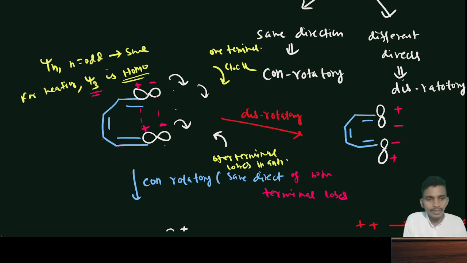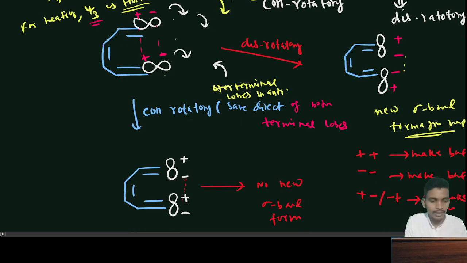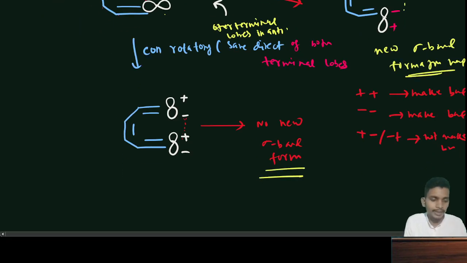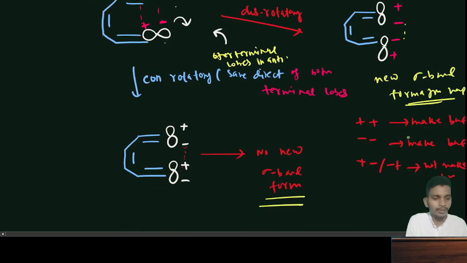So from here what we see is that we are getting negative, which means that bond formation will occur. So here what you see is bond formation, that is, new sigma bond formation occurs. So if this is the substrate, then with conrotatory we are not getting a new sigma bond, but if we do the disrotatory, then we are getting a sigma bond.